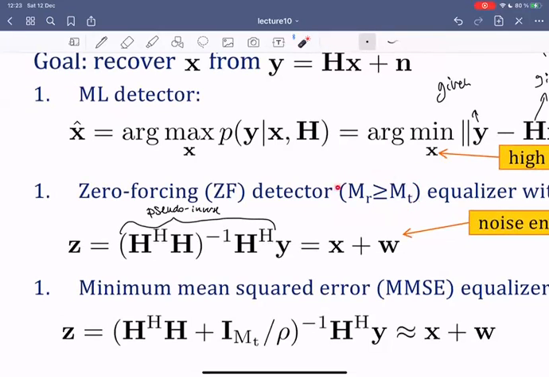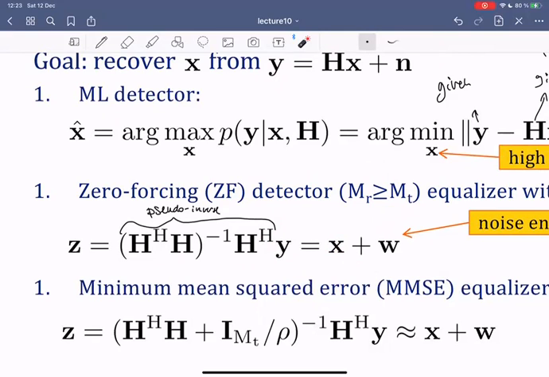You can already intuit that when you have more transmit antennas than receive antennas, you cannot apply any kind of inversion. If you send 10 QAM symbols with 10 transmit antennas and you have only one receive antenna, you have no hope to recover your data. But when you have more receive than transmit antennas, you can apply this technique. When you plug in what H is and work it out, you will get this expression.